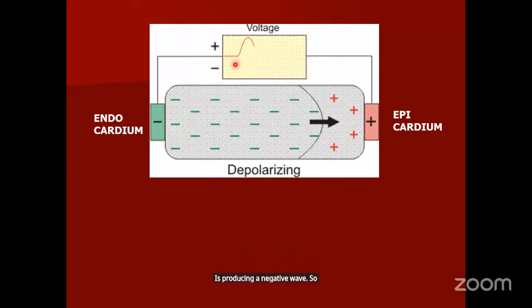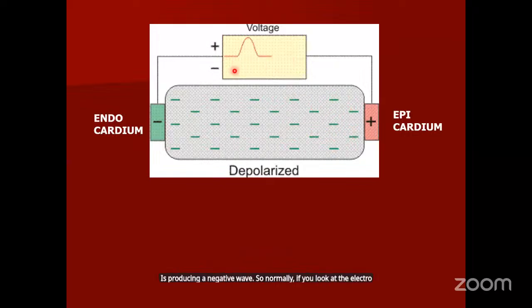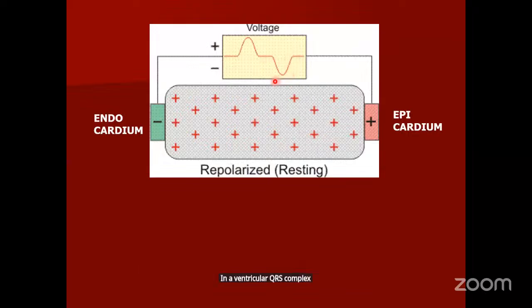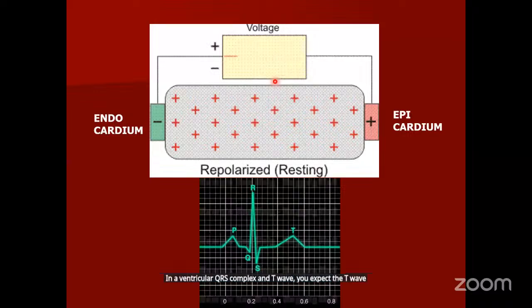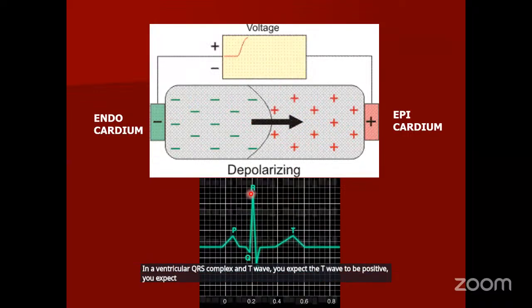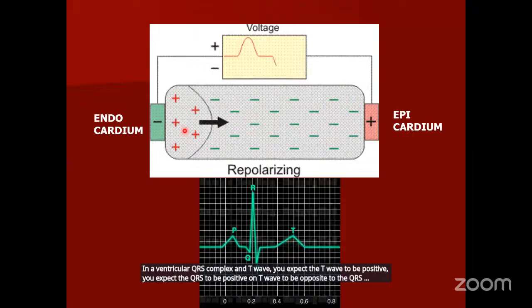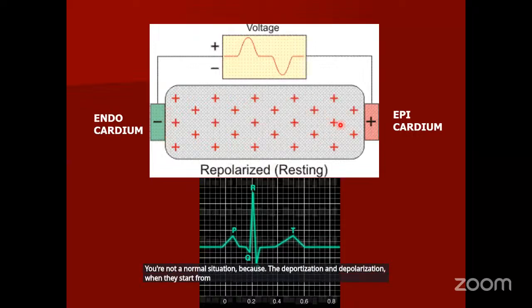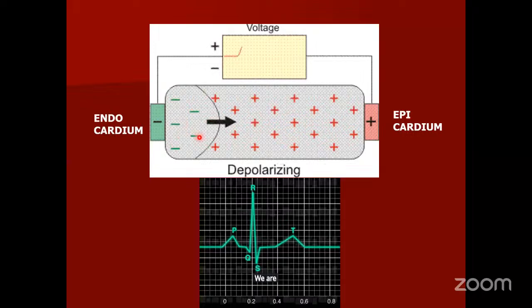So normally, the depolarization should be opposite to the repolarization, which means in the ventricular QRS complex and T wave, you would expect the QRS to be positive and the T wave to be opposite to the QRS, because depolarization and repolarization are opposite electrical processes.